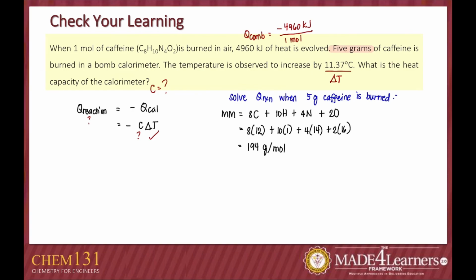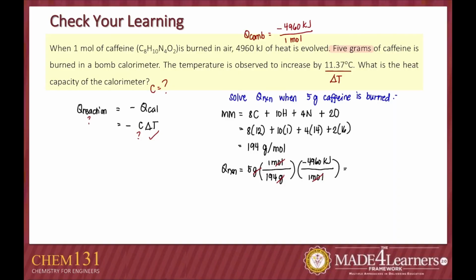And because we have this already, then we can compute na for the Q reaction. So we start with pila may gigamit nga mass. That's 5 grams. Sa 5 grams nga caffeine, we know nga for every 194 grams of this caffeine, that's equivalent to 1 mole of caffeine. And we know that for every 1 mole of caffeine burned, there's 4,960 kilojoules of heat released. Cancel si grams, cancel si mole, ang nahabilin kay kilojoules.